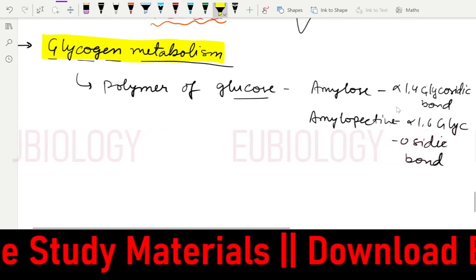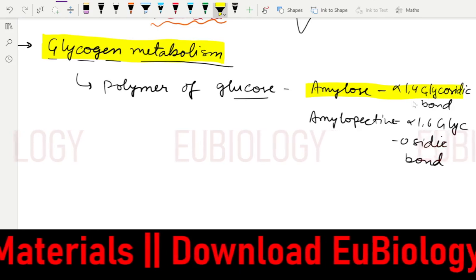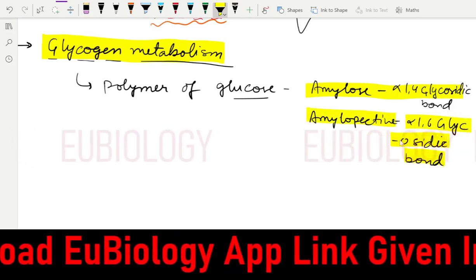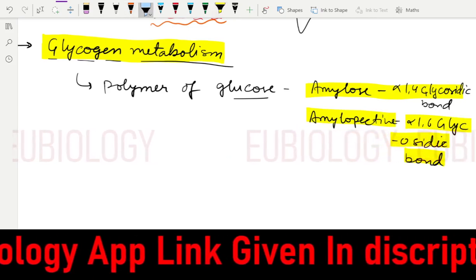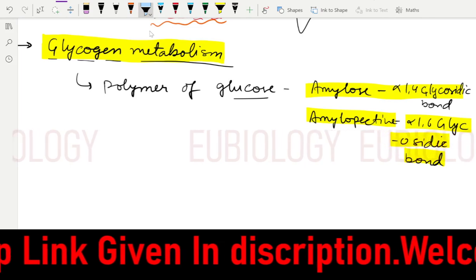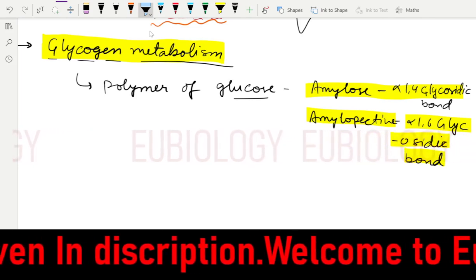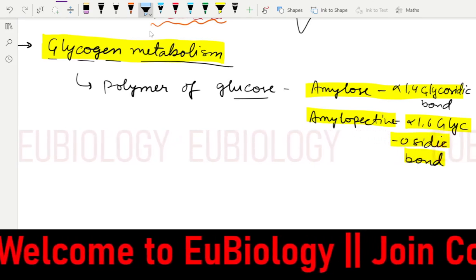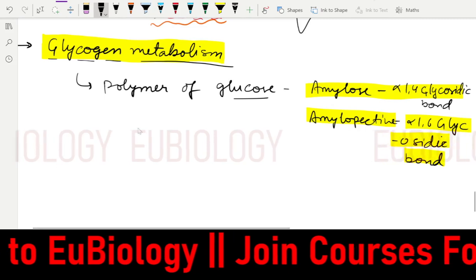This is the important thing. So we need to convert glucose into glycogen.